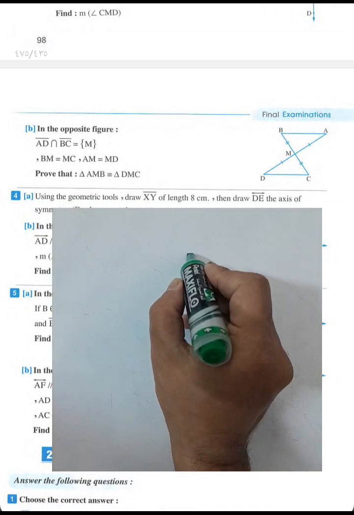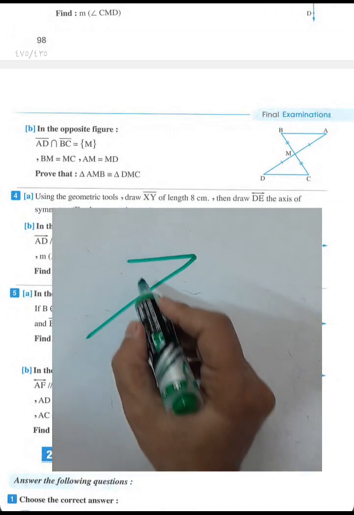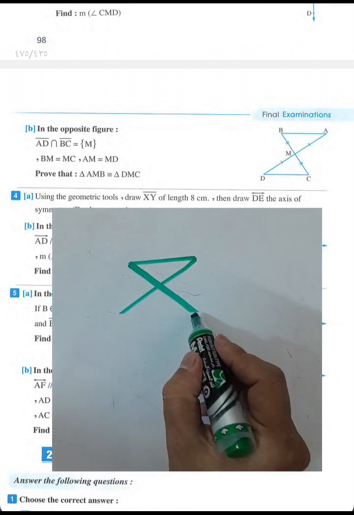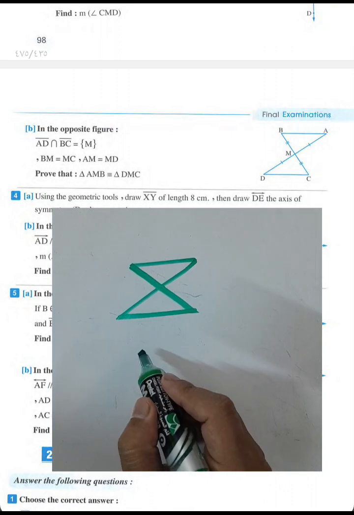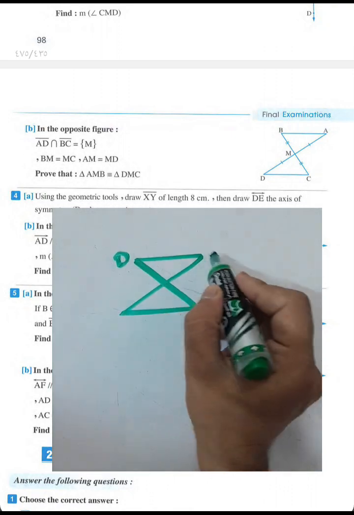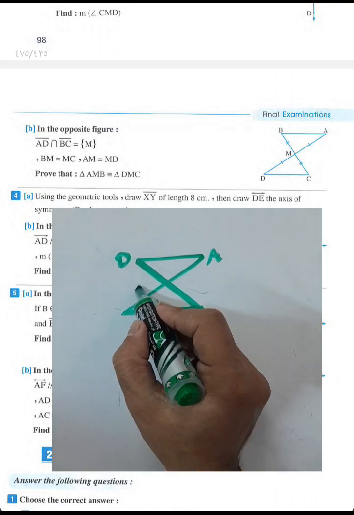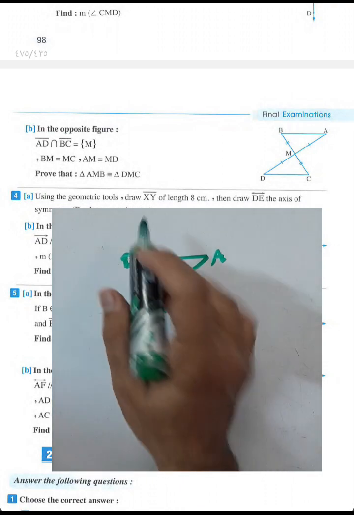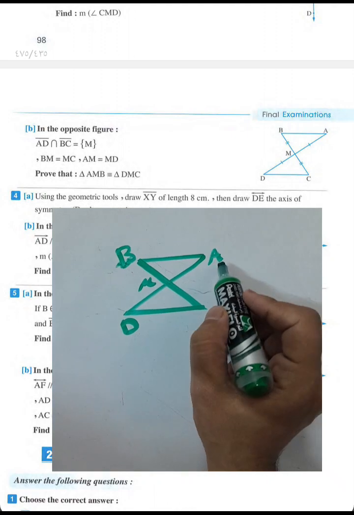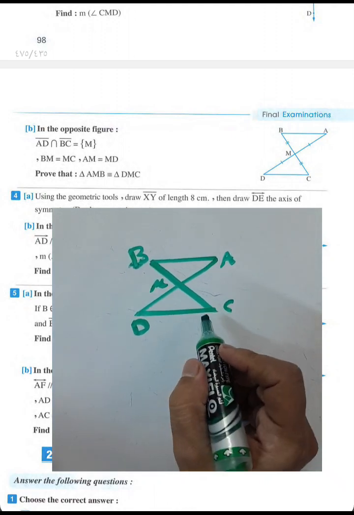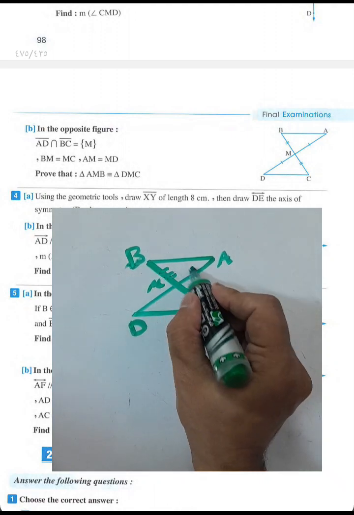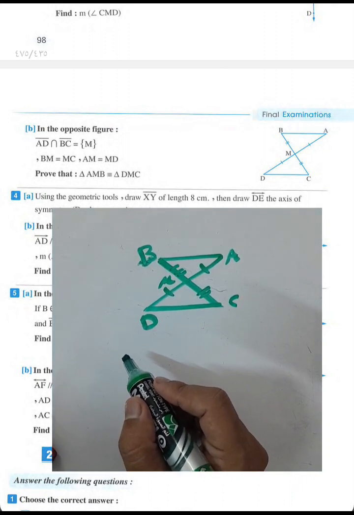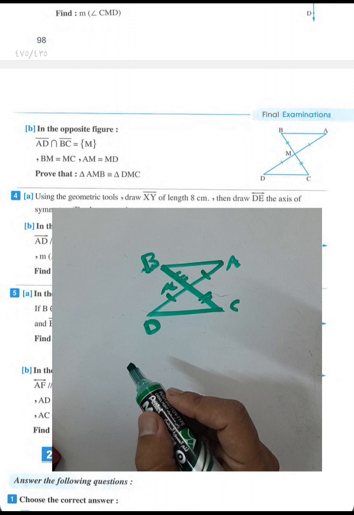We have this triangle and another triangle here, D, A, M, and here B, A, M, and here C. This side equals this side and this side equals this side here. Prove that the two triangles are congruent.